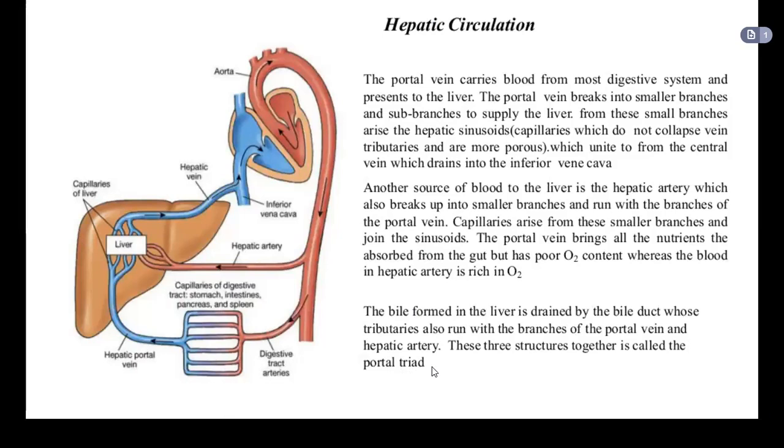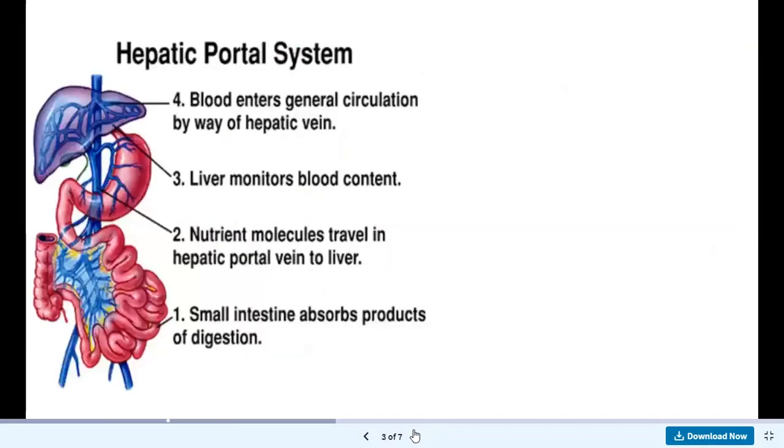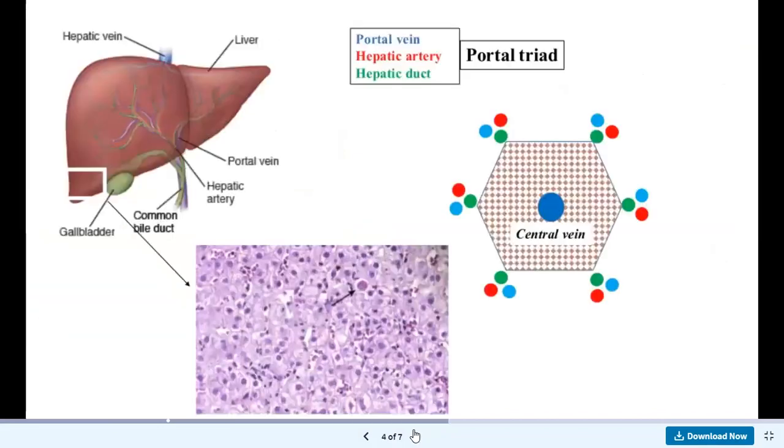Bile duct, portal vein, and hepatic artery form the portal triad. And then we went ahead to say that when we look at this liver, we'll see the common bile duct, the hepatic artery, and the portal vein all running together to form the portal triad.